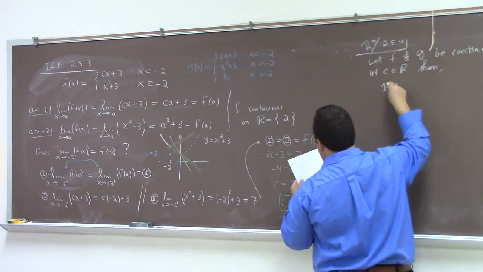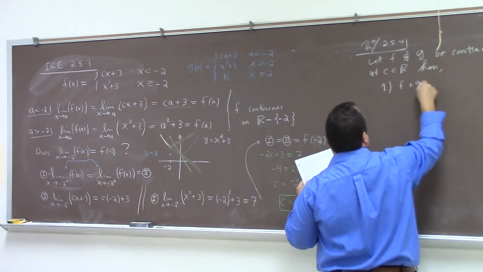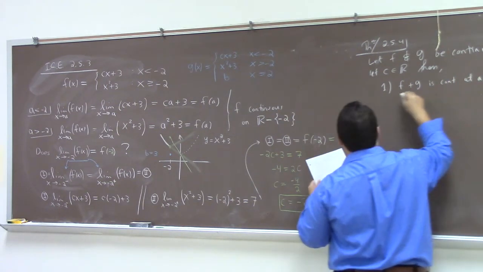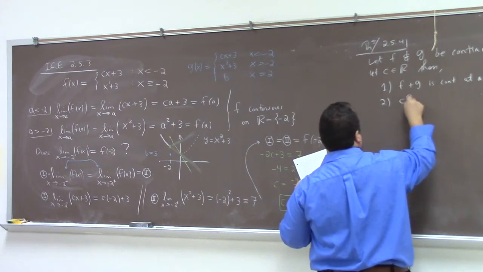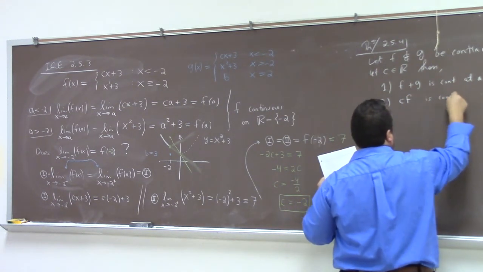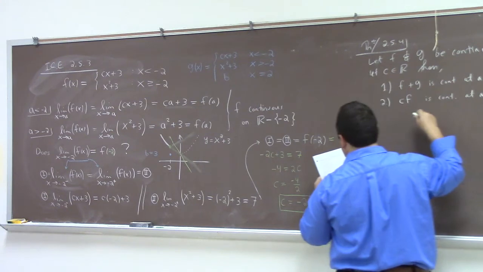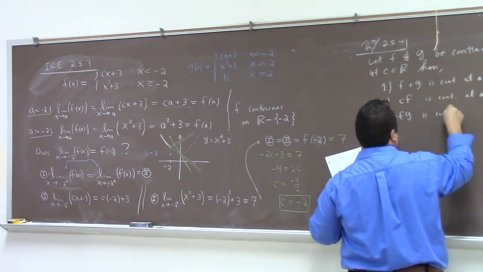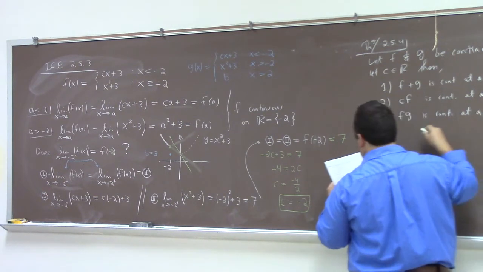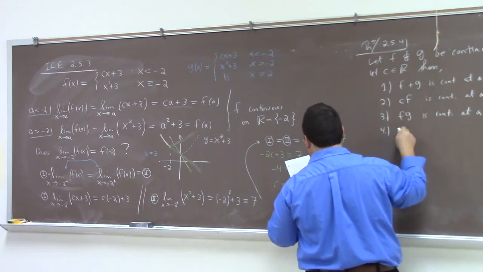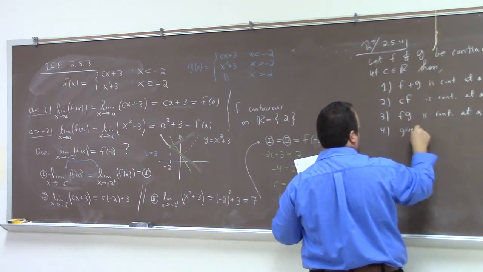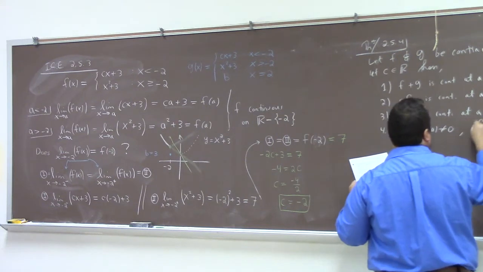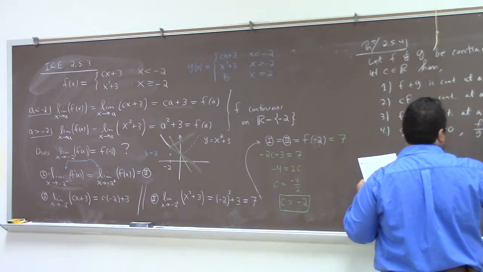Number 1, f plus g is continuous at a. 2, a constant times the function is continuous at a. 3, the product of the functions is continuous at a. And 4, given g of a not equal to 0, f over g is continuous at a.